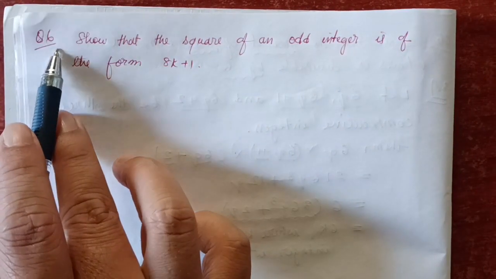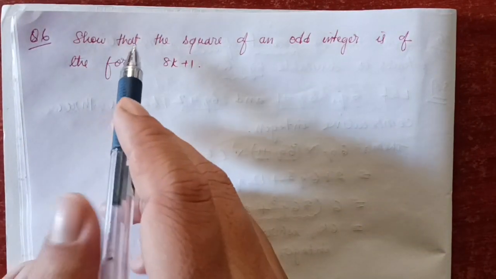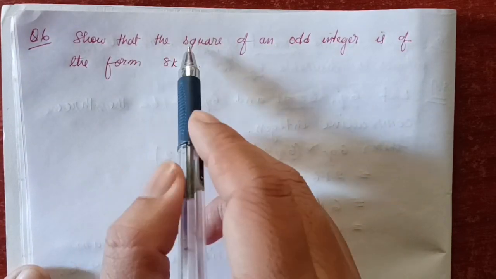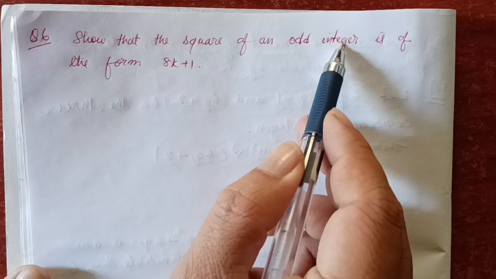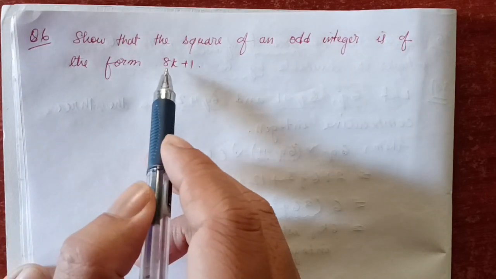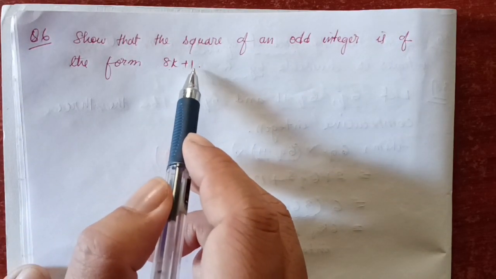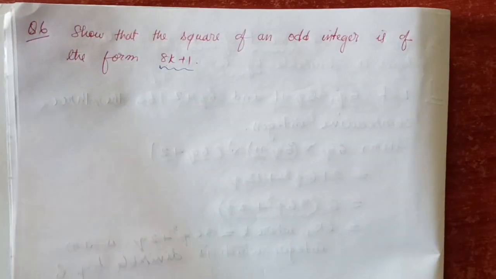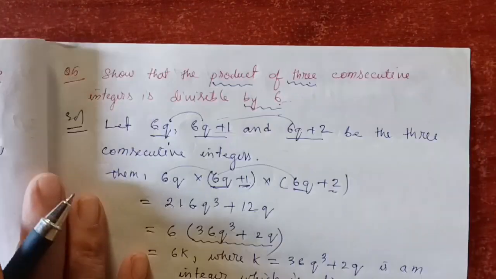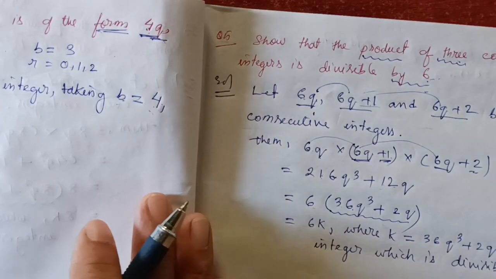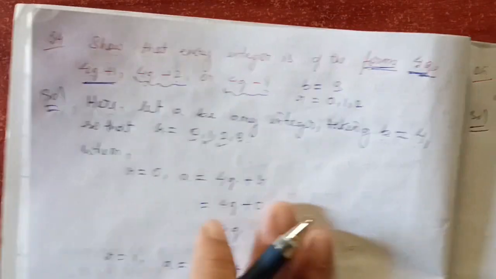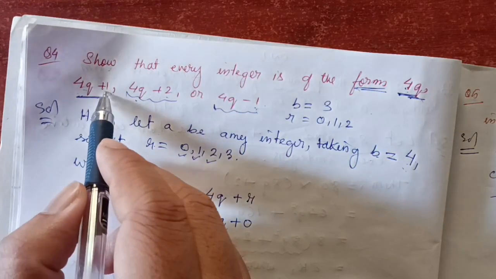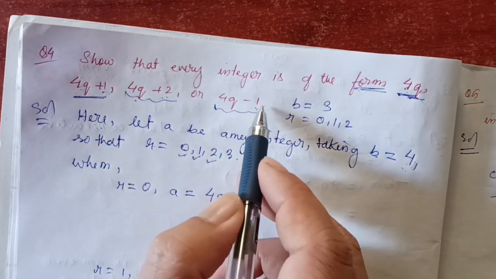Okay, now we reach question number 6. In question number 6, show that the square of an odd integer is of the form 8k plus 1. Here they give only one form. When we look at the previous question, question number 4, they are giving many forms: 4q plus 1, 4q plus 2, 4q minus 1.